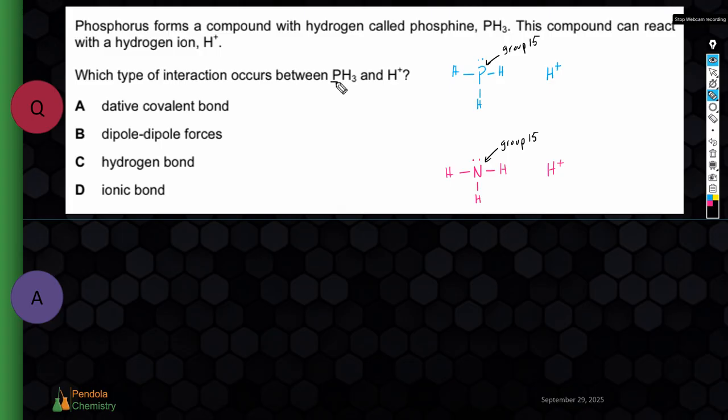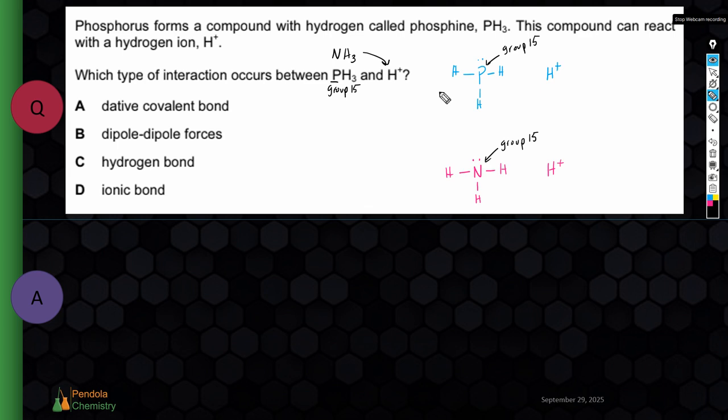We can see that PH3 is group 15, so we could replace it with any group 15 element like nitrogen and have NH3 reacting with hydrogen plus. So we should know that this is going to react exactly the same way. If we have two elements in the same group and they're representative elements, we can replace them for each other in a structure and they will behave very similarly.